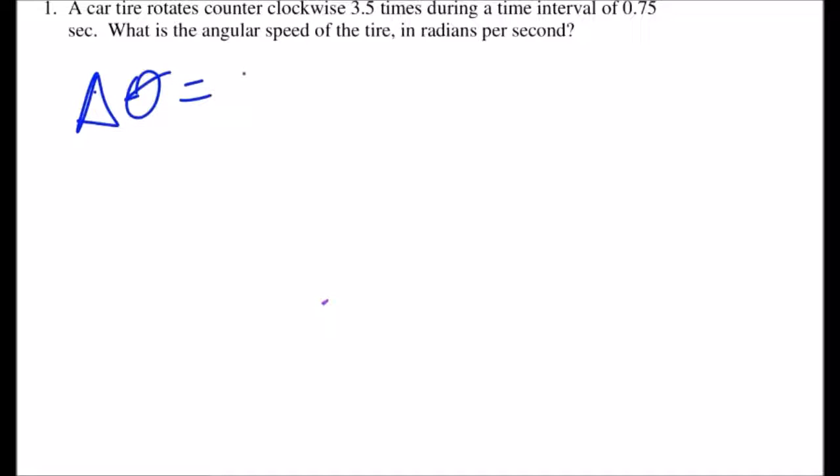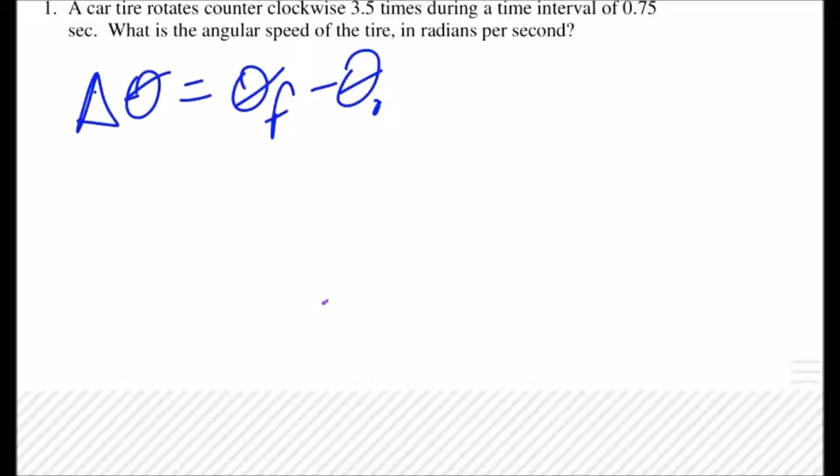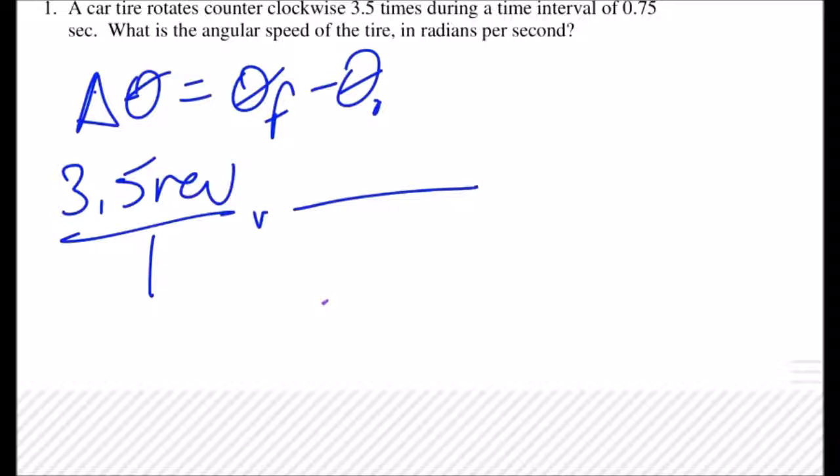So that's going to be theta final minus theta initial. If this thing rotates 3.5 times, how many revolutions did we do just then? So we could say 3.5 revolutions over 1. And we know that 1 full revolution around the circle is equal to how many radians? 2 pi radians.